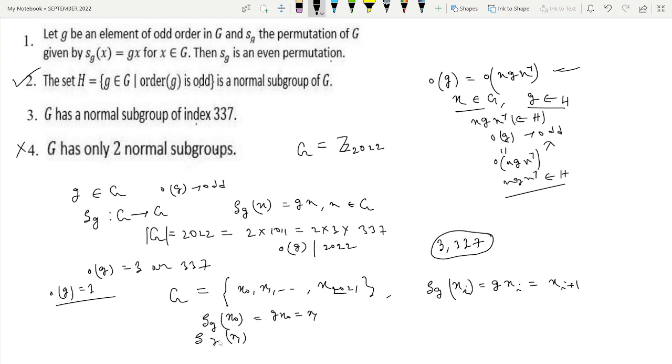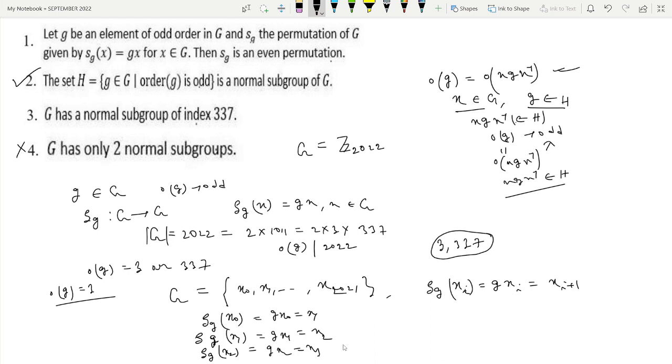SGX1, this is our GX1, which is equal to X2, and our SGX2, this is equal to GX2, which is actually our X3.